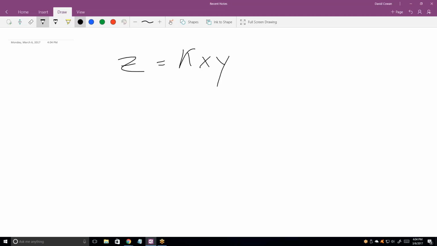And if y was in the denominator, z would vary inversely with x and y. But for z to vary jointly with x and y, then it's k times x times y. And now they always give you enough information that you can calculate k.